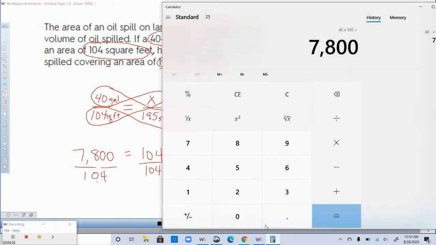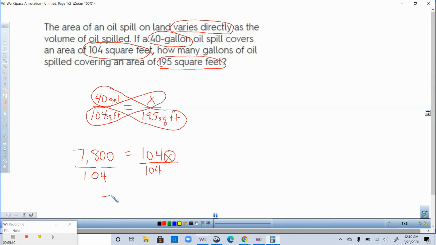And let's pull out our handy dandy calculator. We've got 7,800 divided by 104, and we get 75. And so the answer to this is 75 is equal to x. And x was across from gallons, so this would be 75 gallons.